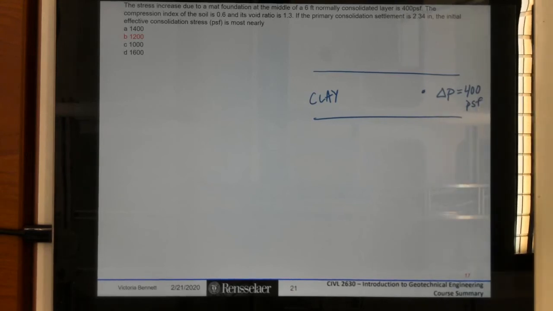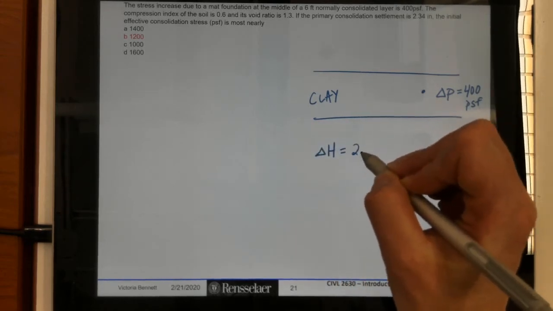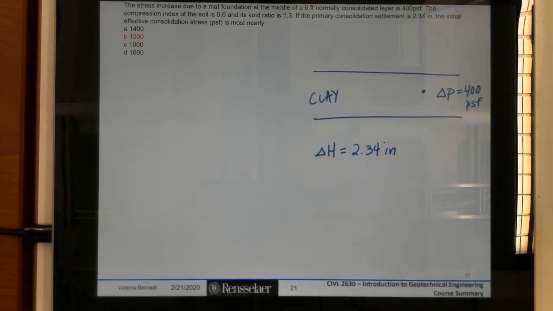The compression index of the soil is 0.6, void ratio 1.3. If the primary consolidation settlement is 2.34 inches, the initial effective consolidation stress is most nearly.